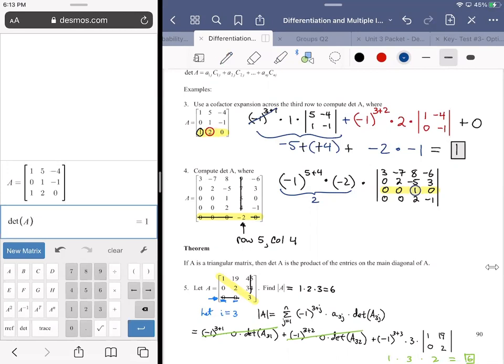I'll draw a little arrow. I'll draw a better arrow. That's row 3, column 3.